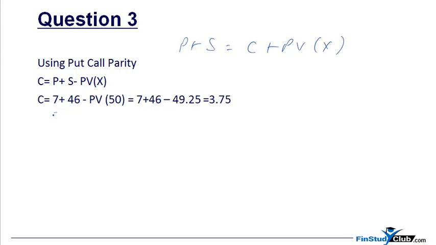The put premium is $7 currently, the stock currently is priced at $46, and then the present value of $50, which is the strike price. Now it's a 3-month expiry option that we are talking about, so I find the present value of $50 discounted at 6% for 3 months, which, I've just taken an approximate figure, would basically mean the present value being 49.25, which approximately gives me the call value to be 3.75.